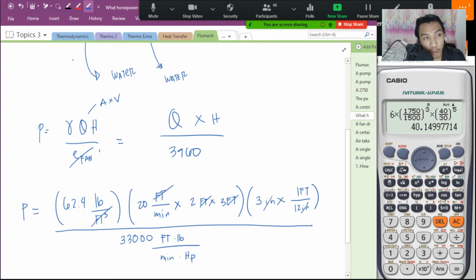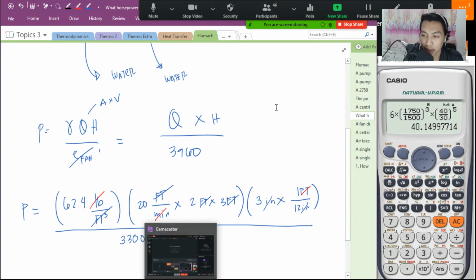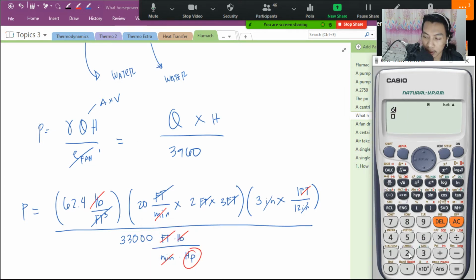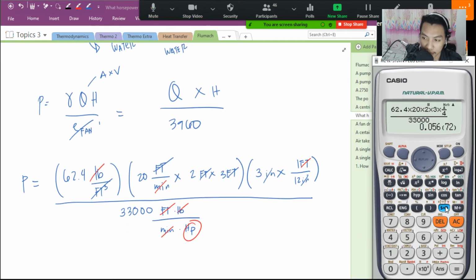In order for us to calculate yung value niya in horsepower, cancel natin yung same units. Foot-pound per minute, foot-pound per minute. Ang lalabas dyan HP. So, that is 62.4 times 20 times 2 times 3 times 3/12, so 1/4. Divide by 33,000. Ang lalabas na sagot is maliit lang talaga.